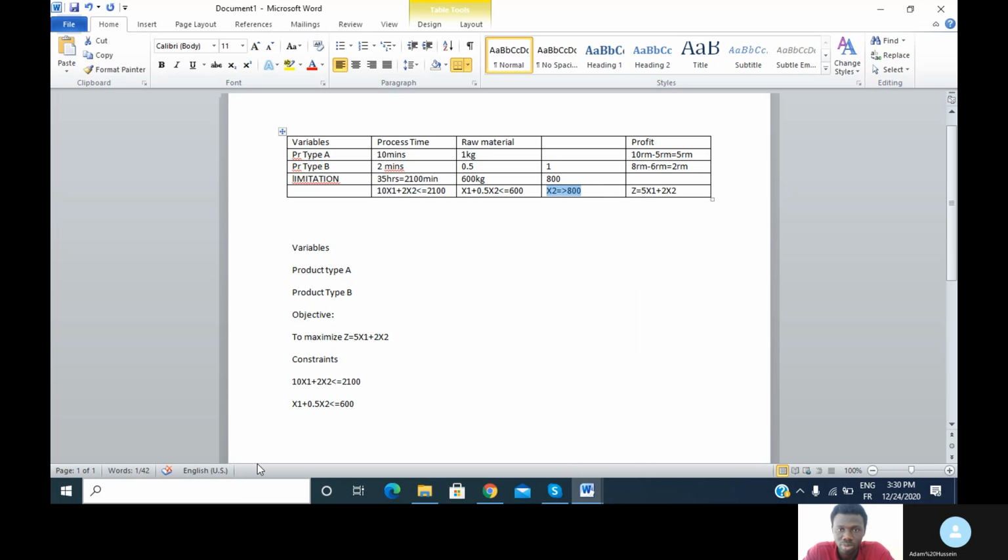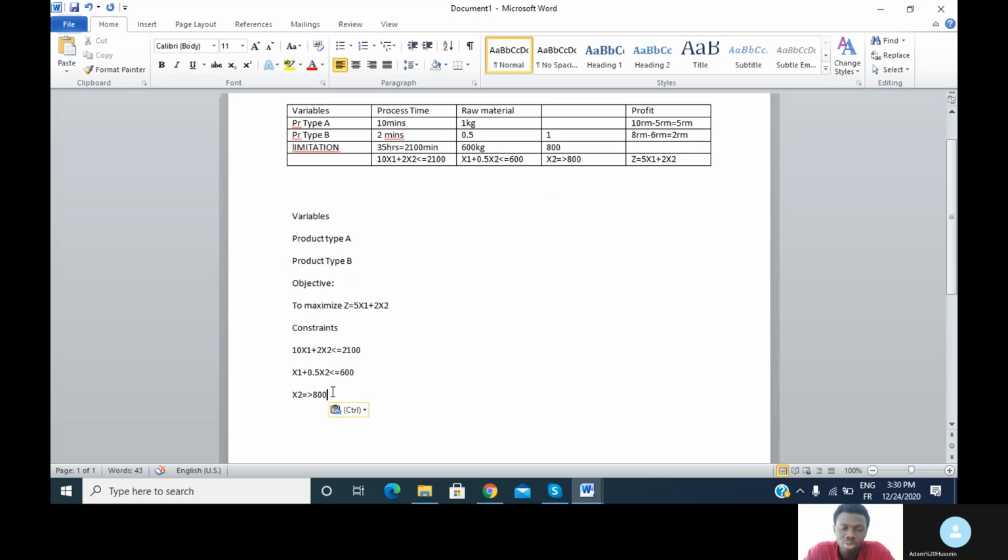And then we also have x2 equal or more than 800. Then also x1 must be more than or equal to 0, and x2 more than or equal to 0.